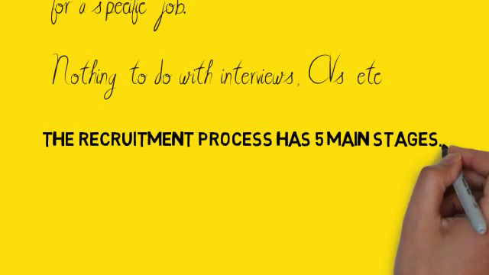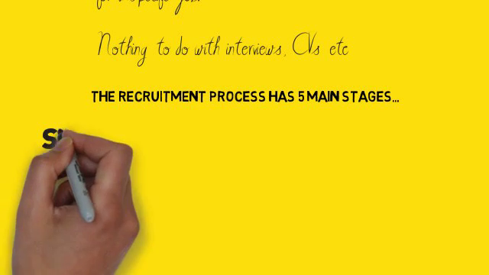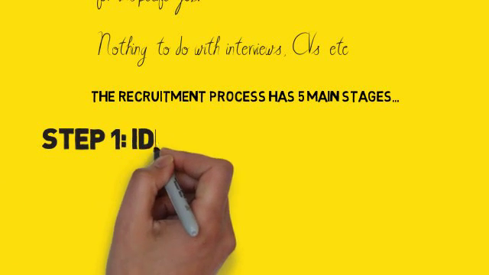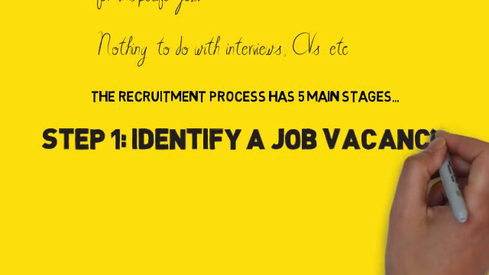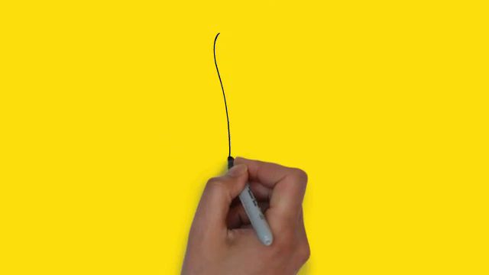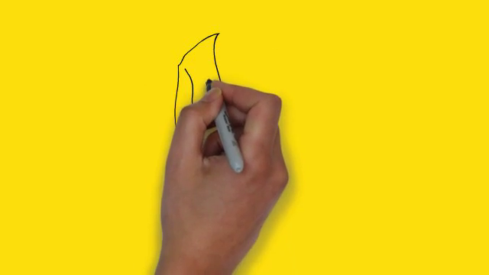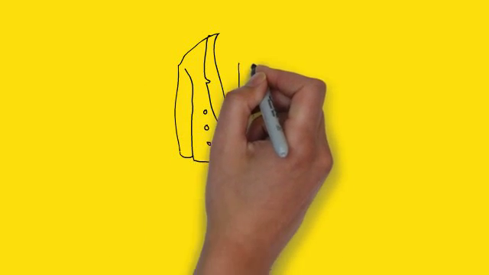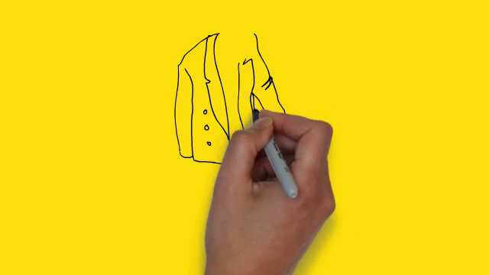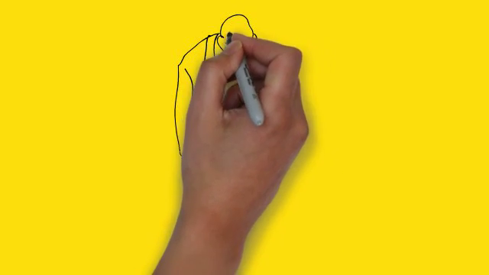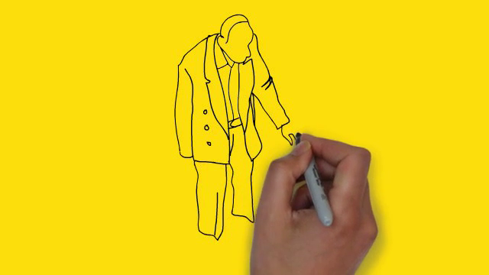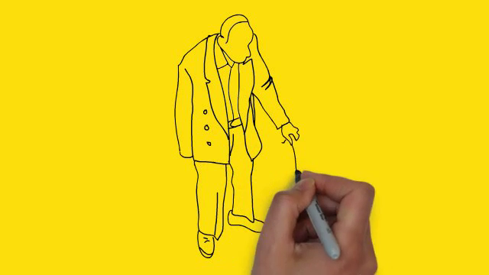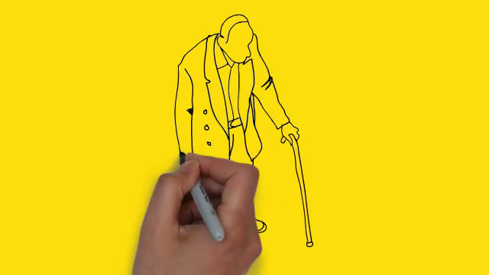And there are really 5 steps within the recruitment process. Step number 1 is that the business will actually identify a job vacancy. The business will realise that perhaps an employee is retiring from the organisation, or perhaps the business will identify that there is a need within a department to get some extra staff.